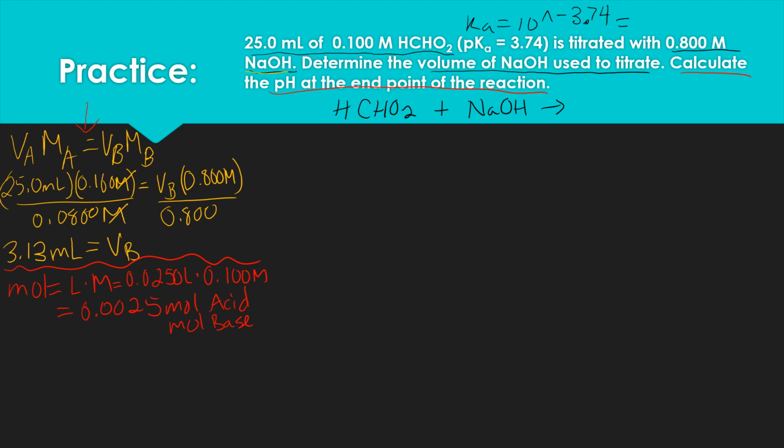Our OH and our hydrogen are going to form water, and then we get our salt: sodium plus the rest of our acid, CHO2. Now, we could go ahead and do the net ionic equation from this. Our acid is not on our list of strong acids, so it's weak and stays together. Our base is a group 1 metal, so it separates.